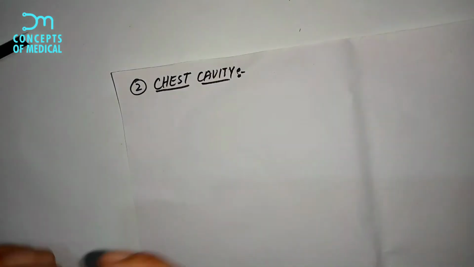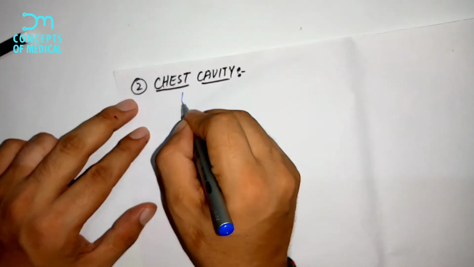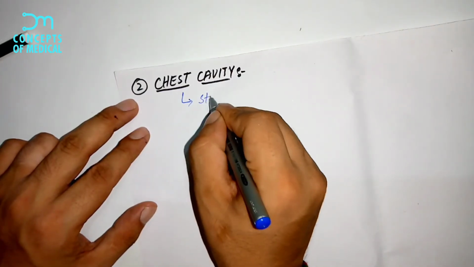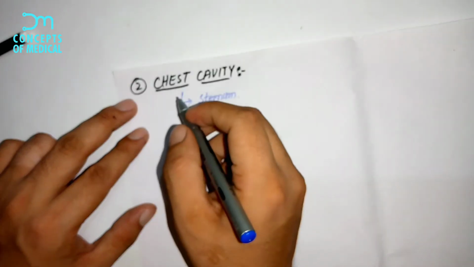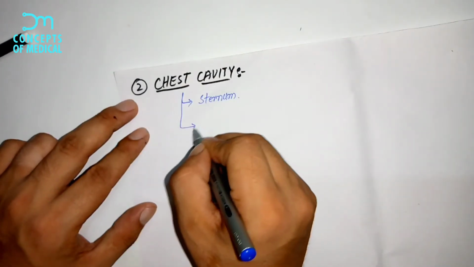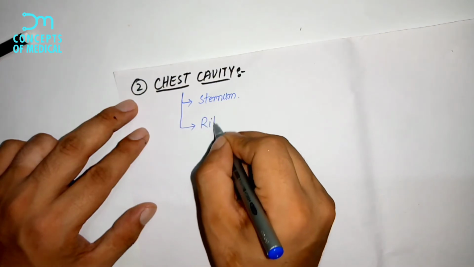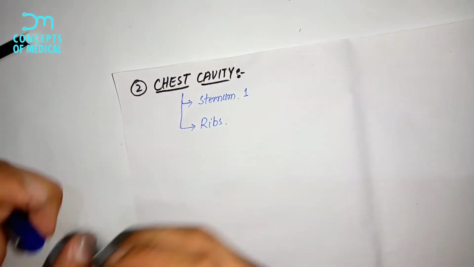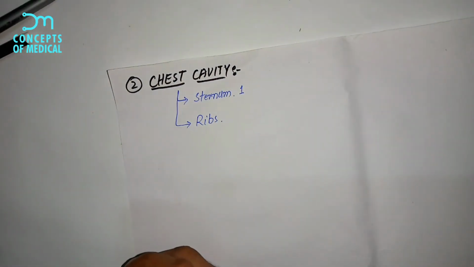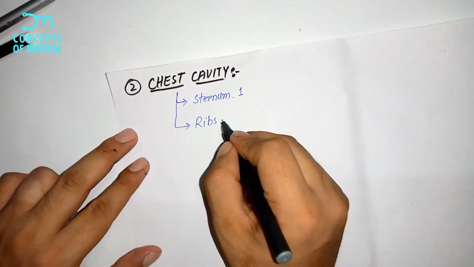So the first bone here we have is the sternum, and ribs. So sternum is actually 1 in number, and ribs we divide into 3 parts, right?